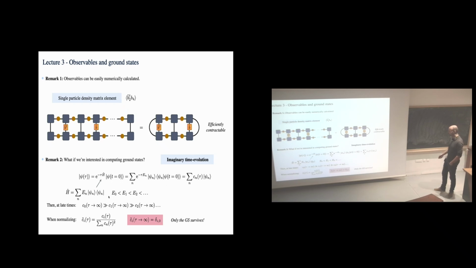So I use the spectral decomposition of the Hamiltonian. I group my eigenvalues in such a way that the smallest eigenvalue is E0. And then you see simply here that if you evolve this to some long time, you get some distribution of values tau over there.